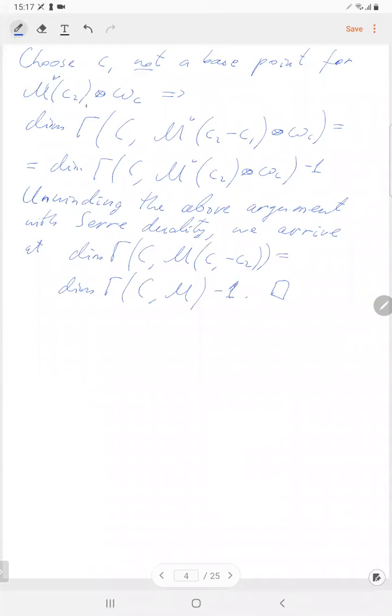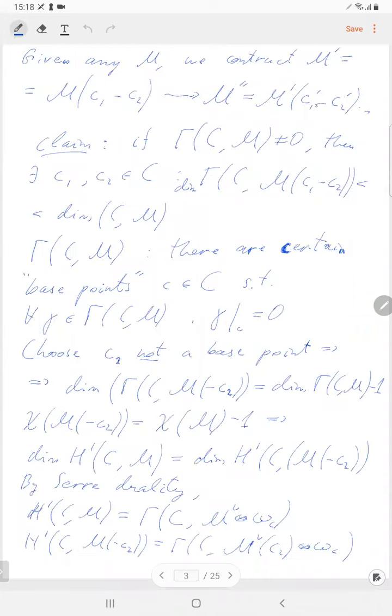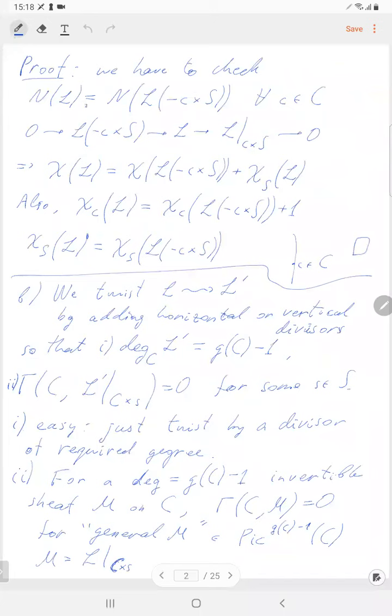Okay. Why did we introduce the sheaf M with two primes? Here, because we wanted, if you remember what we wanted to achieve, the vanishing of global sections, right? But it could happen that we started with our initial sheaf M, L restricted to the fiber, which had a lot of global sections, like a 5-dimensional space of global sections.